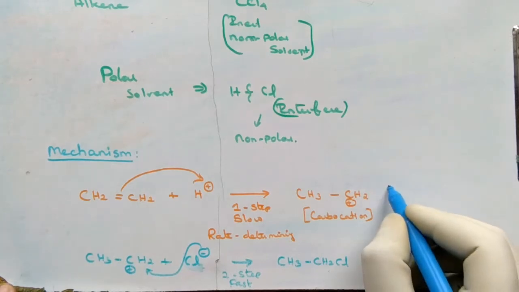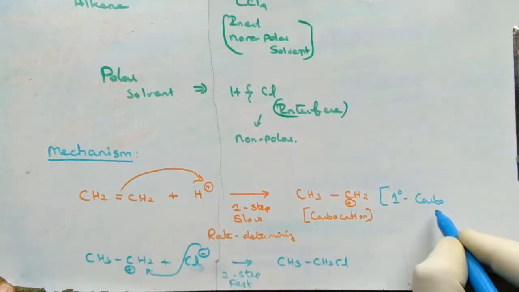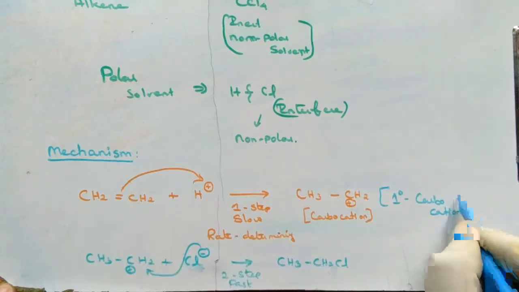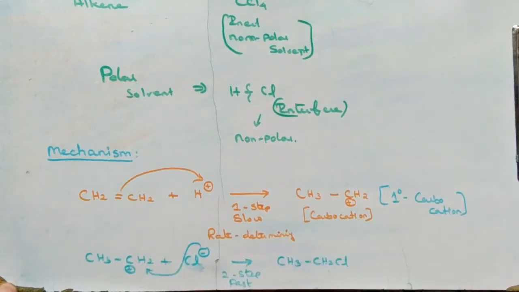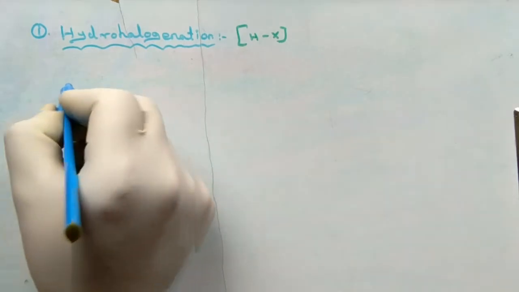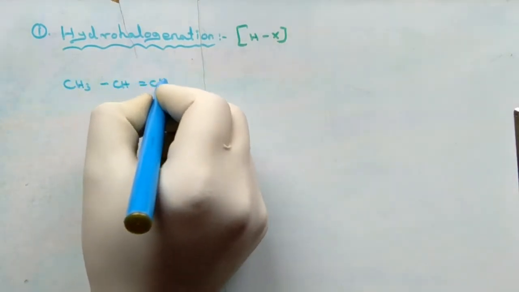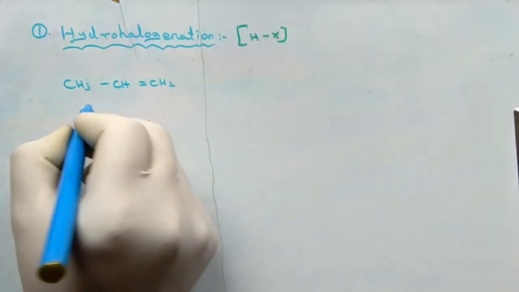The intermediate which is formed in this reaction is a primary carbocation. When a carbocation is formed in a chemical reaction, it will stabilize itself by resonance. Let's see with some examples. In this reaction, the reactant is propene.